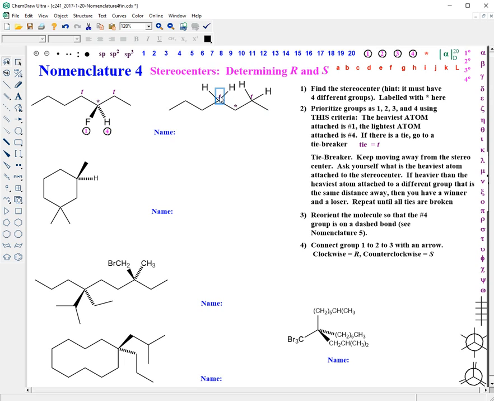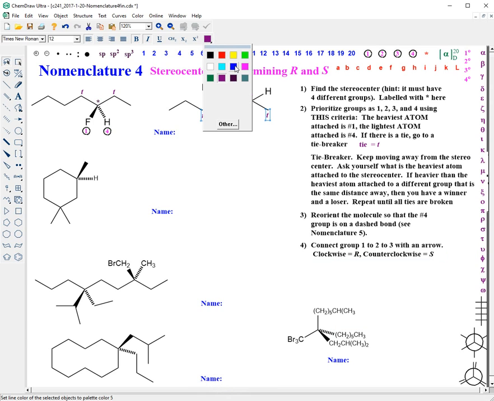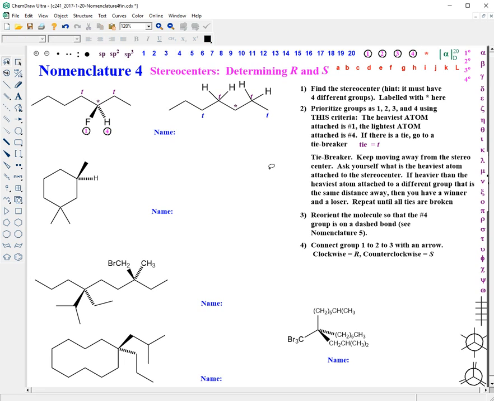We still have a tie, but it's a different distance away, so I will change the color of those to reflect they're not being compared with the purple atoms. Okay, back to your tied atom. What is the next heaviest thing attached to the tied atom? A hydrogen. It ties this hydrogen.